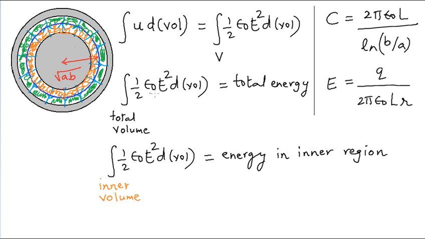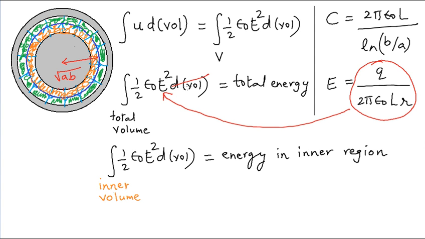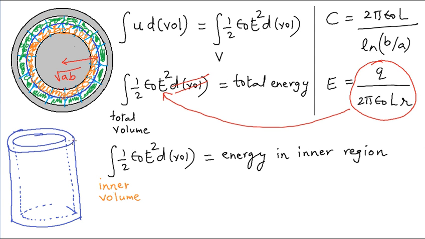Let's imagine solving the first integral. Clearly we substitute the value of E from this equation over here, and the term d volume would be the volume enclosed between two imaginary cylinders, one of radius r and the other one, the outer one, of radius r plus dr, where r is a variable, and of course L is the length of the cylinder.